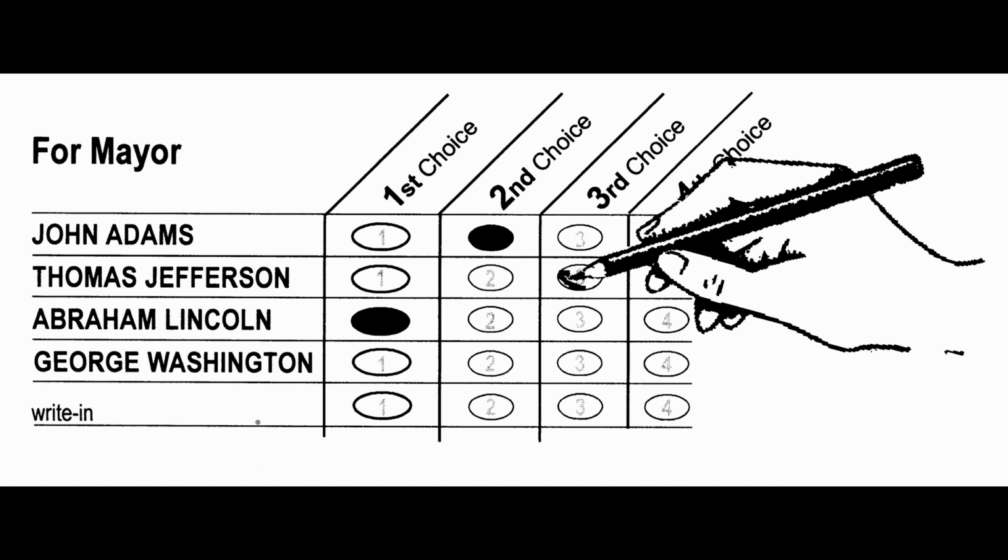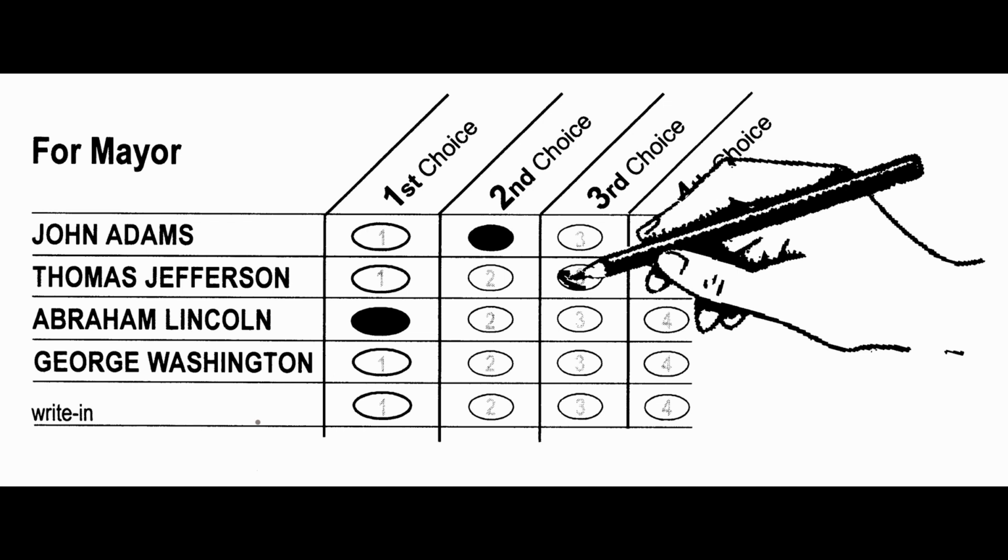So maybe we could try instant runoff voting, which is called ranked choice voting now, but I'm going to use IRV throughout the video because there are other ranked voting methods and I would not want to cause confusion. And so this is another option, which is used sometimes.